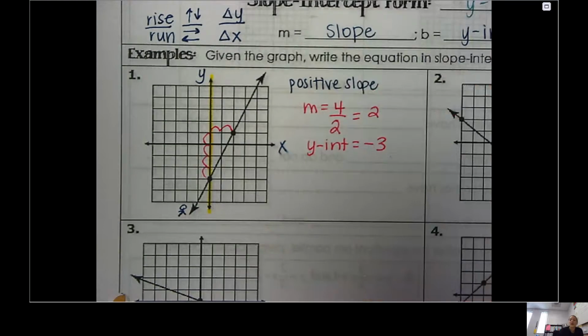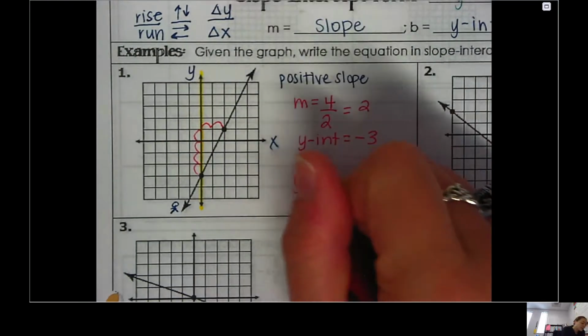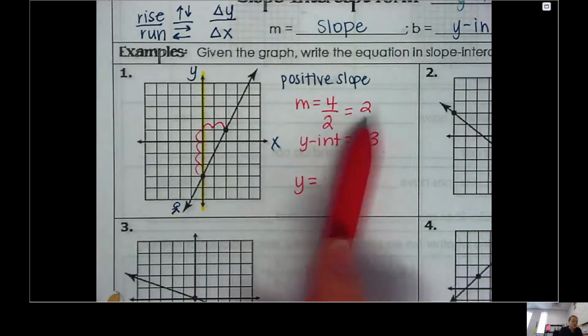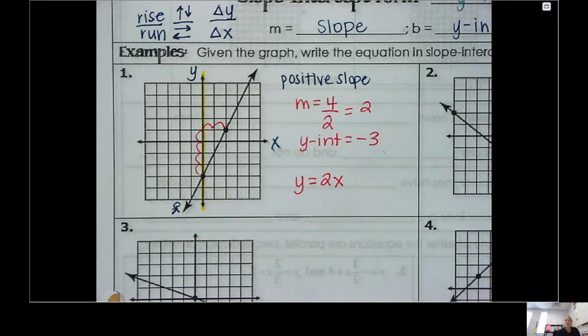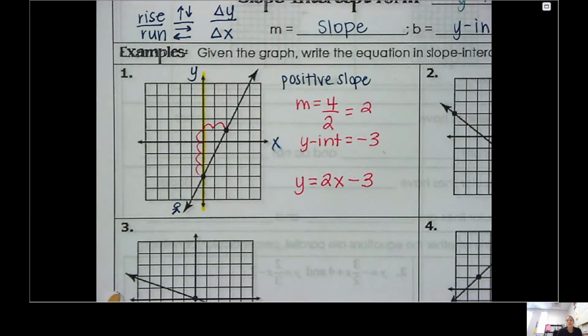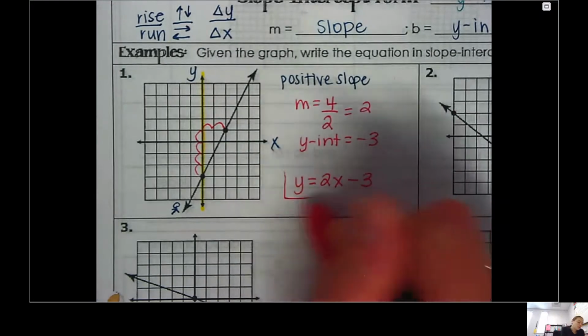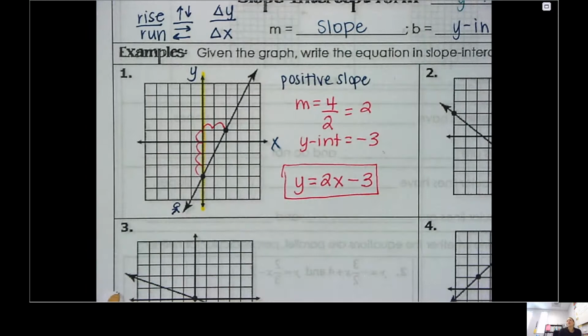So when you go to write this equation, you're going to write it as y equals, your slope is 2x, plus your y-intercept, but my y-intercept is negative. So you can either put plus a -3, or you can just put -3 is fine as well. And there's your equation. And look at that. You just wrote the equation of a line in slope-intercept form.